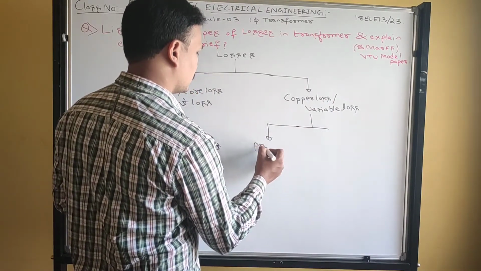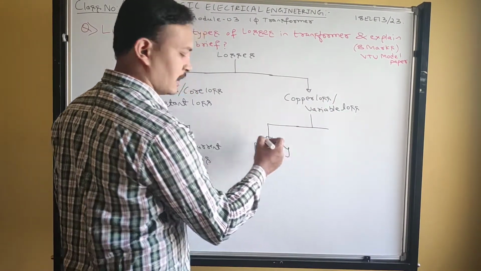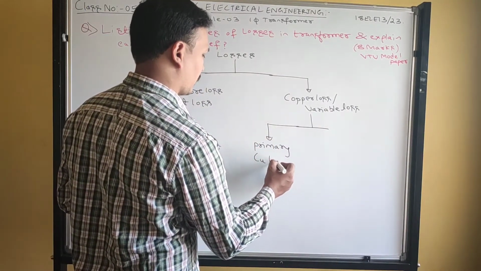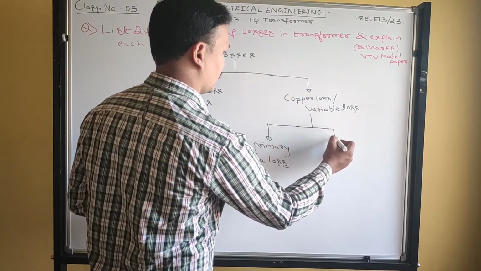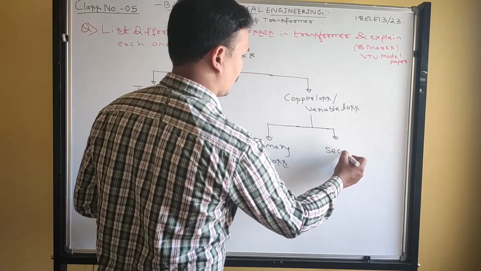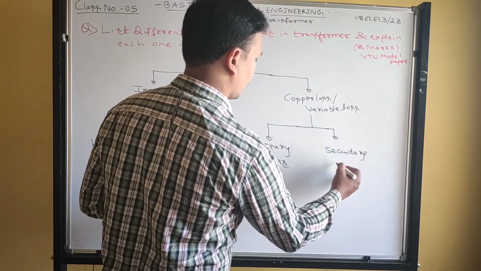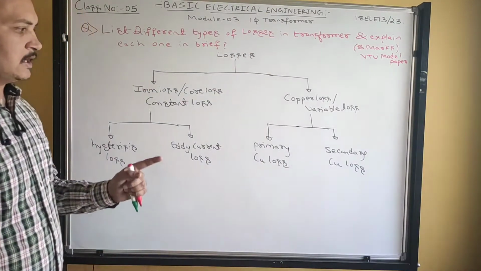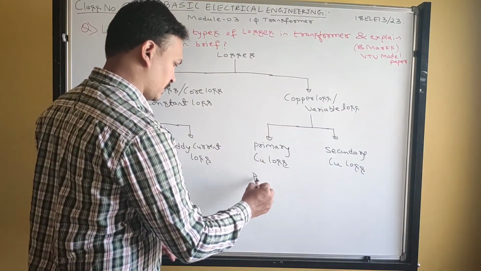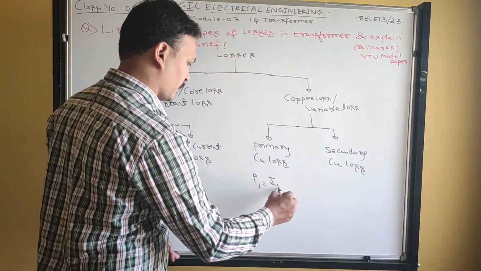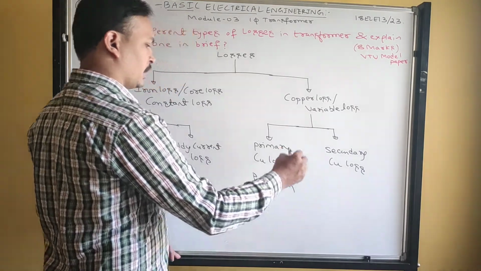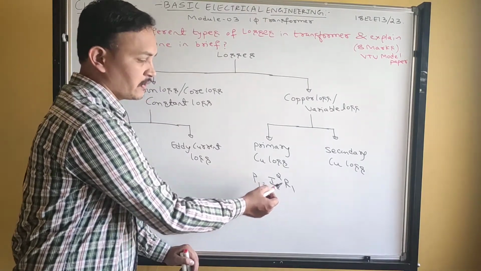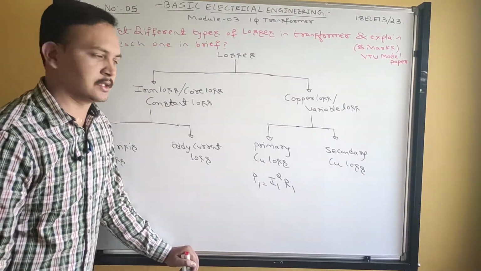In a transformer there are 2 windings, primary winding and secondary winding. So we have primary copper loss and secondary copper loss. The primary copper loss is denoted by P1 and is given as I1 square into R1, where I1 is the primary current and R1 is the primary resistance.